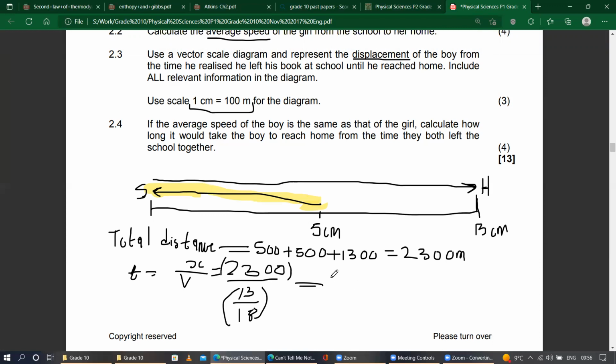That's gonna give us 3,184.62 seconds. So this is the time that it's gonna take the boy to get home.